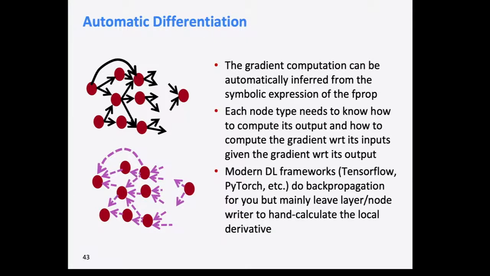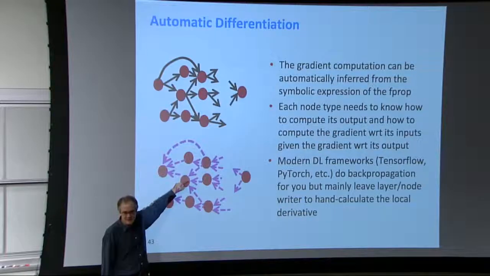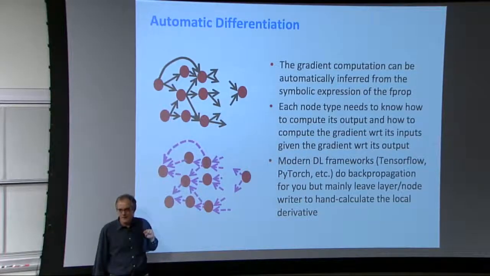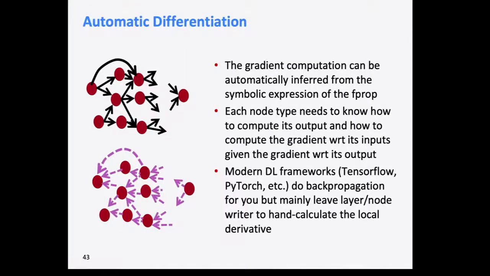So what they do is say, well, for the computations at an individual node, you have to do the calculus for yourself. For this individual node, you have to write the forward propagation, say, return x plus y, and you have to write the backward propagation saying the local gradients are 1 and 1 to the two inputs x and y. But providing you or someone else has written out the forward and backward local step at this node, then TensorFlow or PyTorch does all the rest of it for you and runs the backpropagation algorithm.